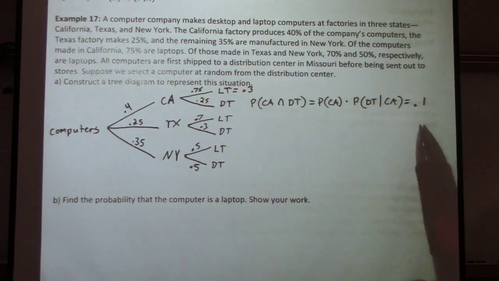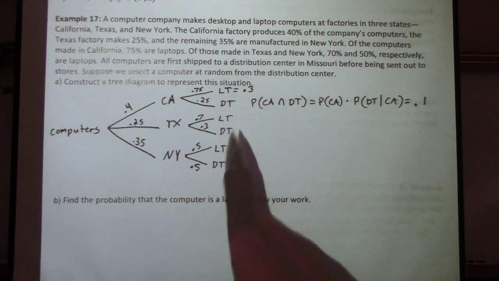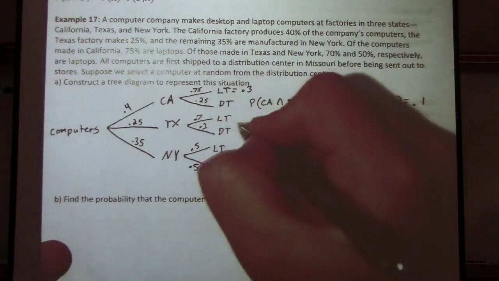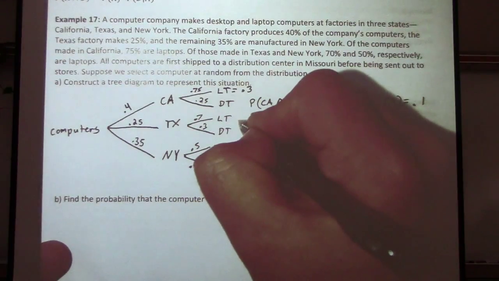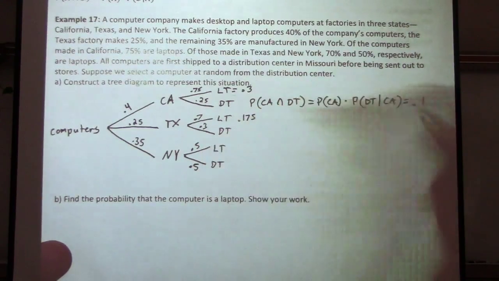So 0.3, 0.1. This one would be something else. It's like 0.175.